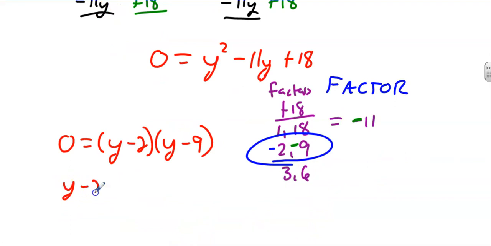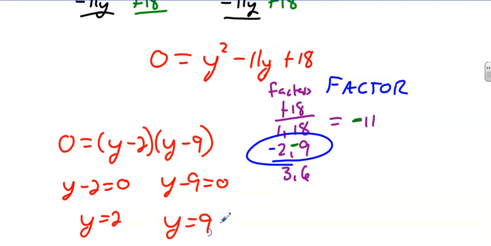Solving both of those gets really easy, because for this one we'll add 2 to both sides, and for this one we're going to add 9 to both sides. So we get y equals 2 and y equals 9.